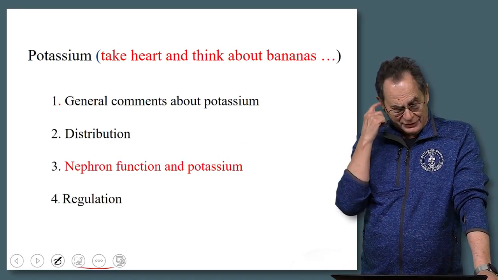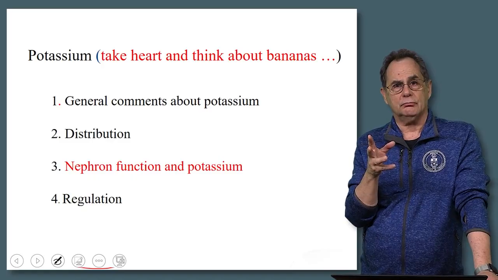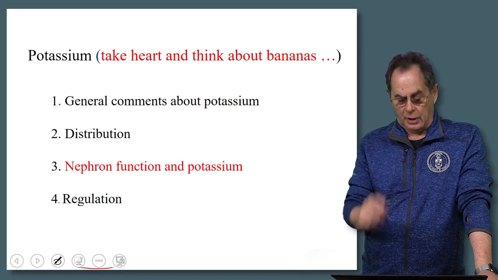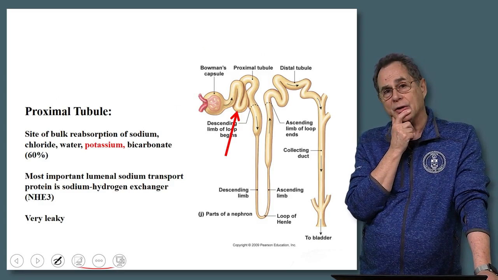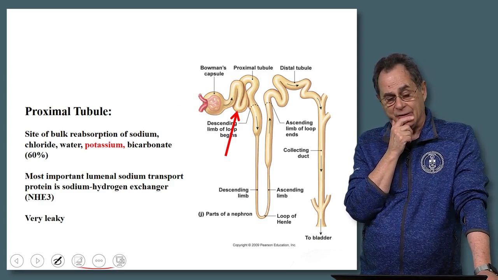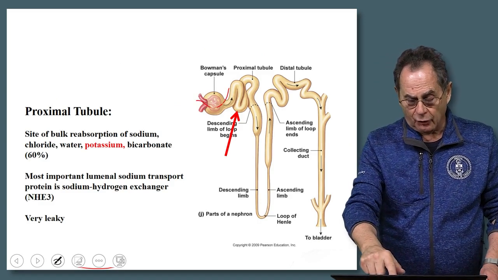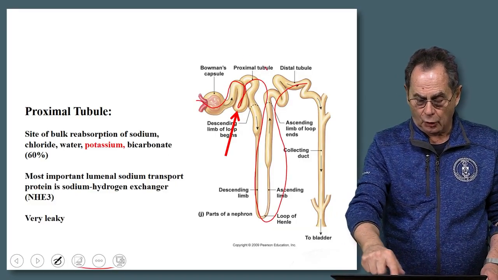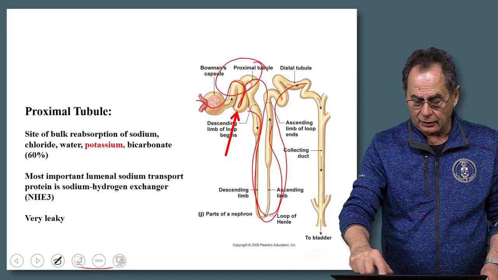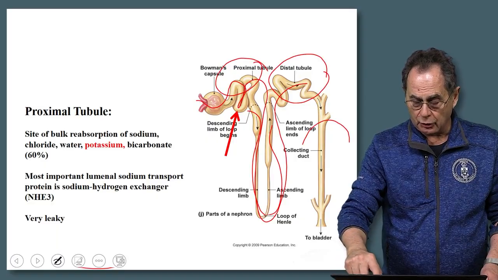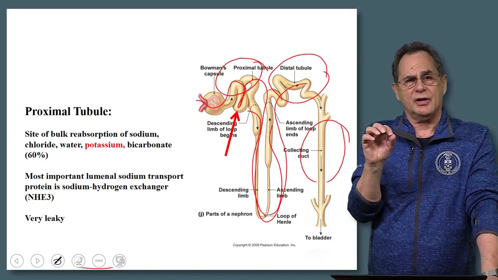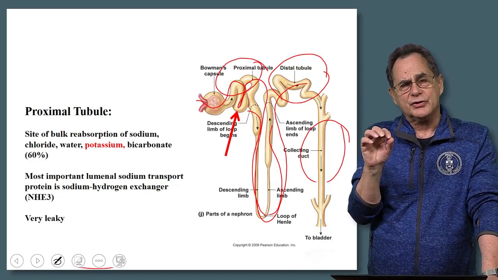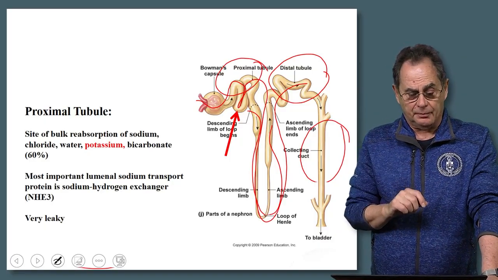So let's talk about nephron function and potassium and see where in the kidney potassium is handled. Now, here's our nephron, our proximal tubule, our loop of Henle, our distal tubule, and our collecting duct. And we're going to look at the key effects in the next several slides on how these segments influence potassium.